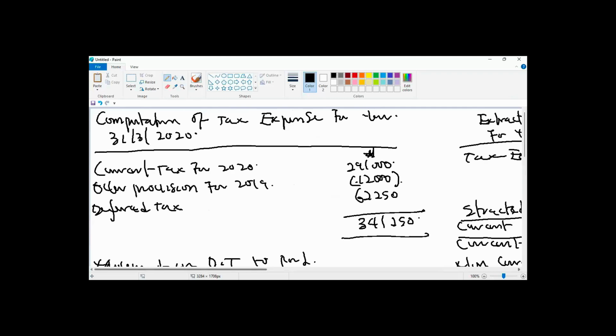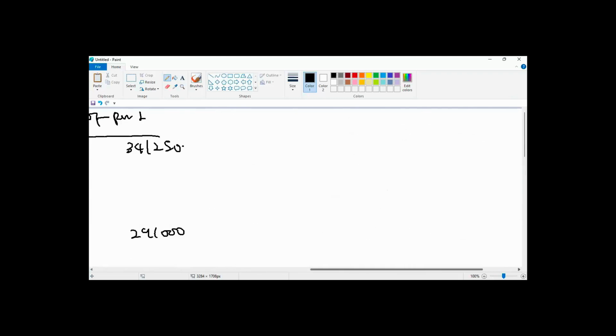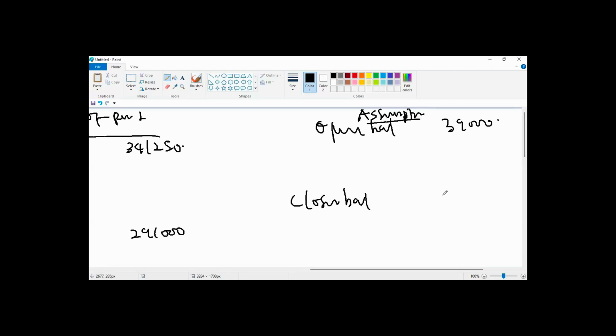So what is the opening balance of my deferred tax? 39,000. Opening balance, which is a liability, a credit balance. Closing balance: we now assume it's not a liability again.